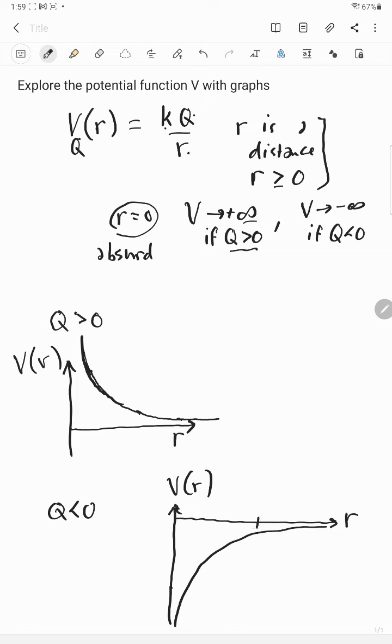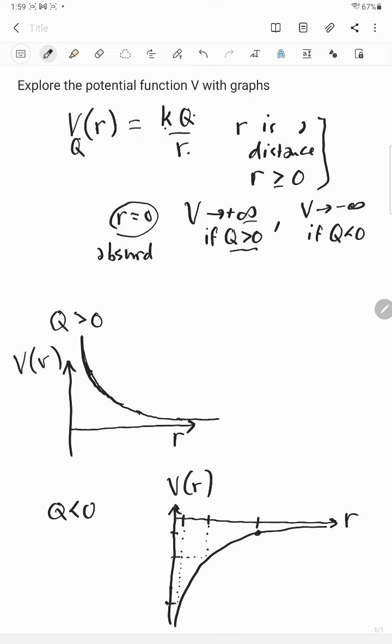So here is an R value. Associated with that R value is a value of potential. Associated with this slightly closer in value is a smaller value of potential, right? And if you come really close, the value of the potential is very small in the negative sense.